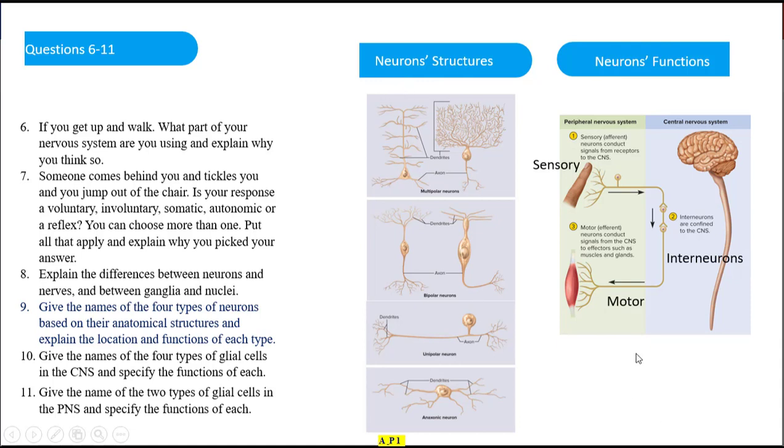Now, but what about the function? What do they do? Based on function, we have 3 types of neurons. We have sensory neurons that take information, interneurons that process information, and motor neurons that carry out the command given by the interneuron. Now, what do the sensory neurons look like in anatomy?